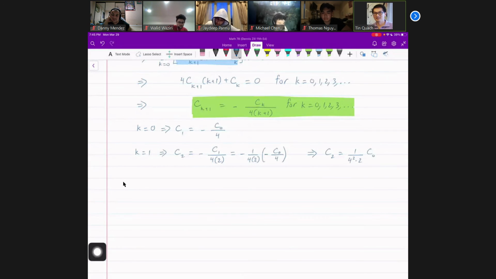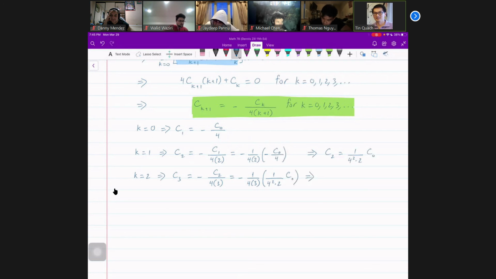Okay, so now you go to c sub 2. So k is equal to 2, you get c sub 3 is minus c sub 2 over 4 times 2 plus 1, which is 3. So that is 4. And c sub 2 is equal to 1 over 4 squared times 2 c sub 0.